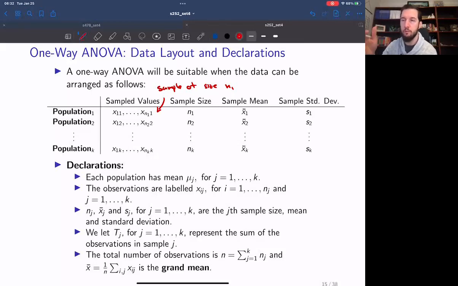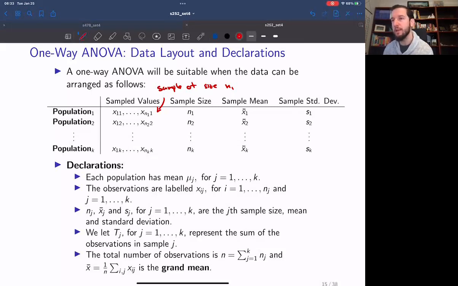And again, we have S1 for sample 1, S2 for sample 2, etc. Very similar to what we did in the two-way ANOVA case. We're going to assume that each population has their own mean, which we designate as mu1, mu2, mu3, mu4, etc.